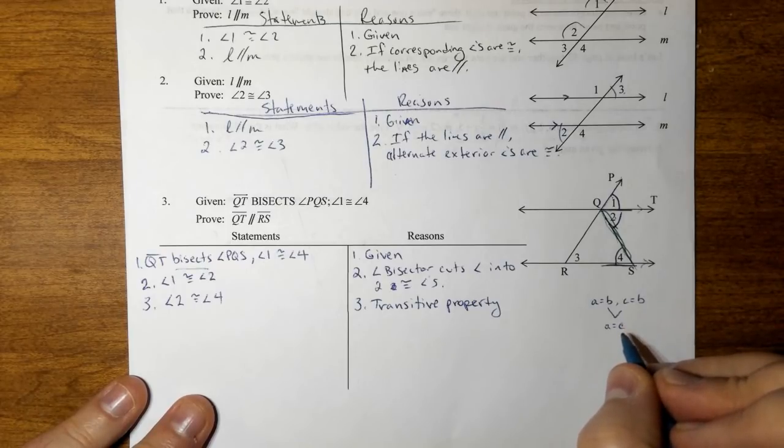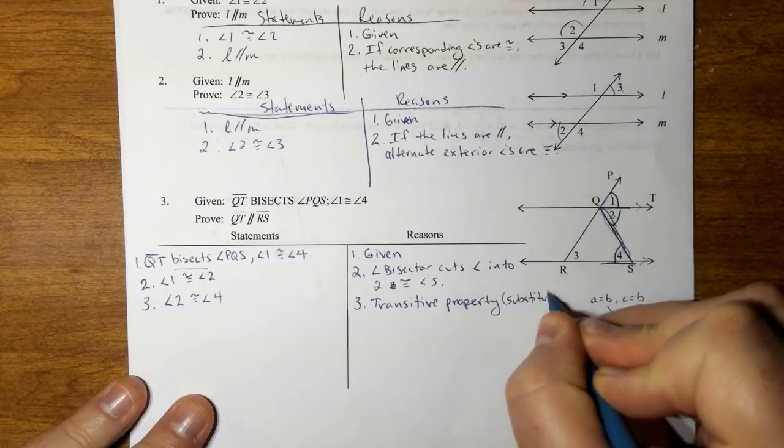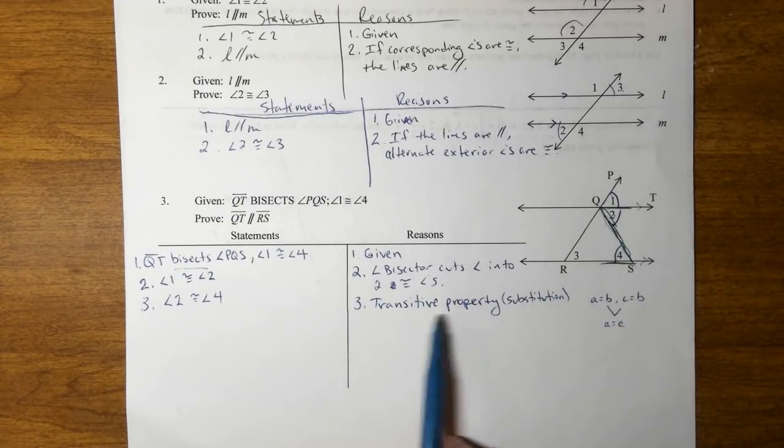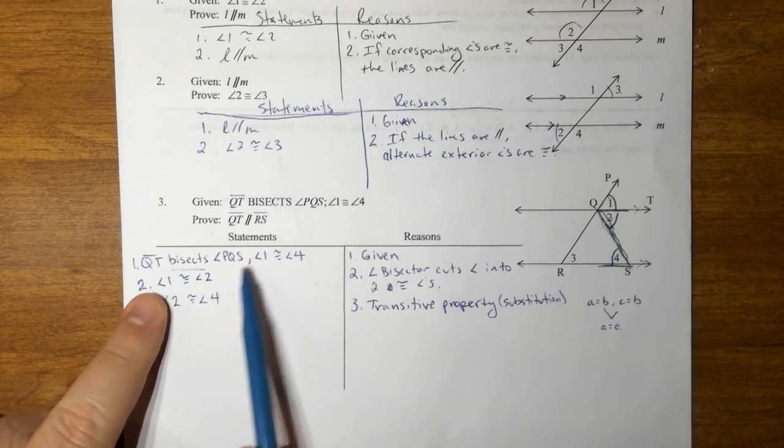Okay, that's the transitive property. We use the word substitution for this, but on the Regents exam it's come up where they've asked a multiple choice question and the transitive property has been the answer. So I just want you to remember what transitive means. If these two angles, 2 and 4, are both equal to the same thing, then they have to be equal to each other.